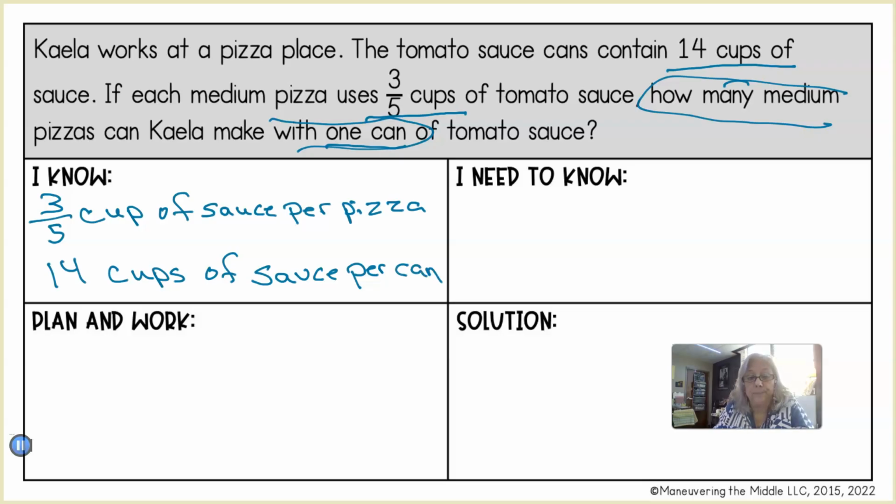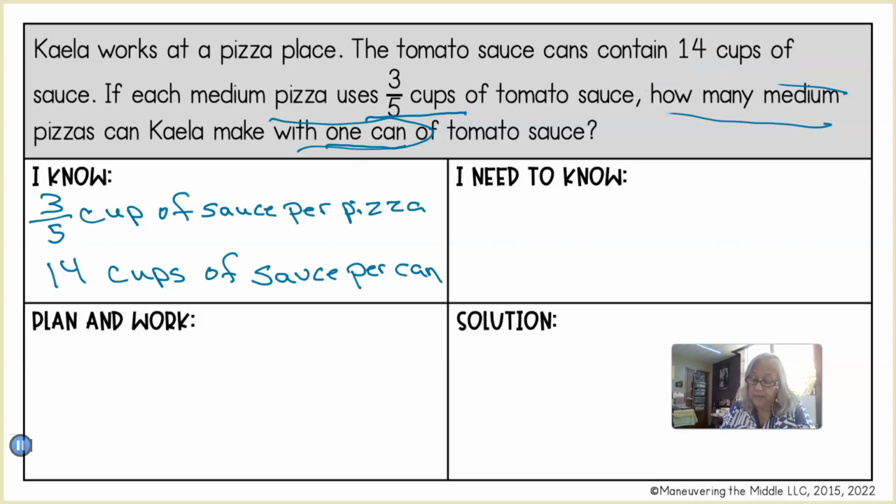That's what we know. And boys and girls, it's real important that you always annotate your questions with what you know. Underline what you know, circle what you need to know. Get in that habit of underlining what you know, circle what you need to know.